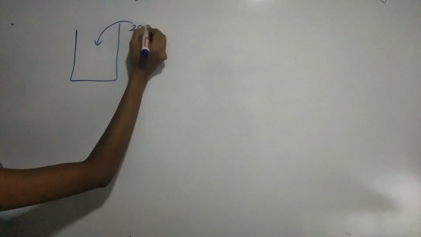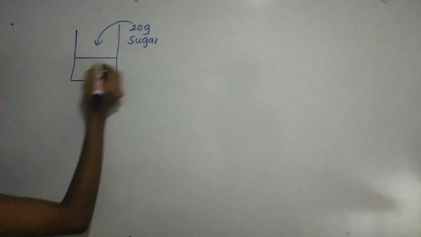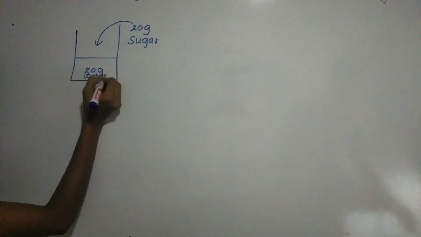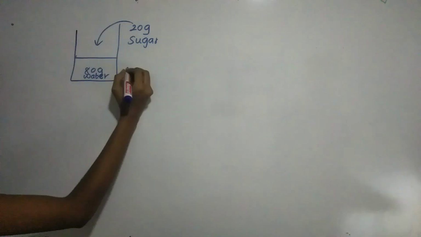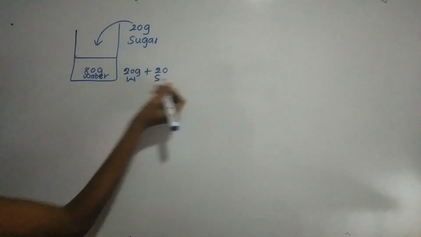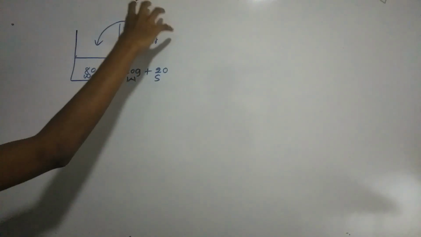The solution is made by dissolving 20 grams of sugar in 80 grams of water. That means in this solution totally there is 80 grams of water plus 20 grams of sugar. They are asking us to find the mass fraction of the solution.